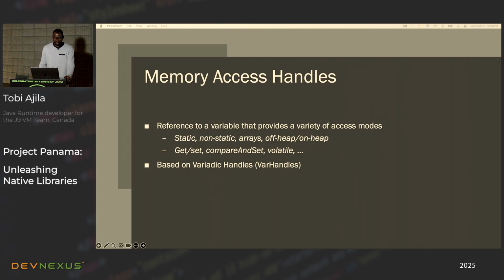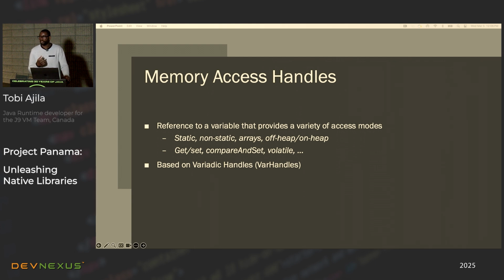And lastly, we'll look at memory access handles. So we saw how to allocate the memory, how to describe the memory. And in this section, we'll look at how to interact with the memory. So memory access handles are essentially references to variables.